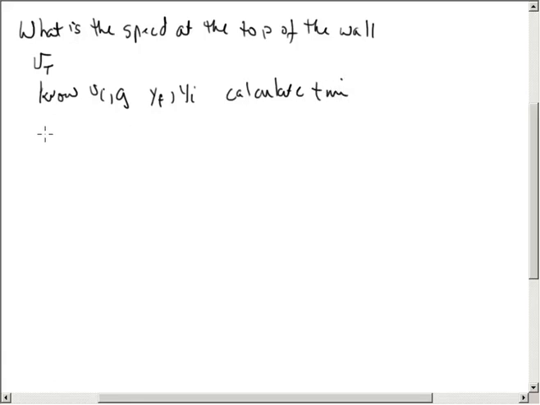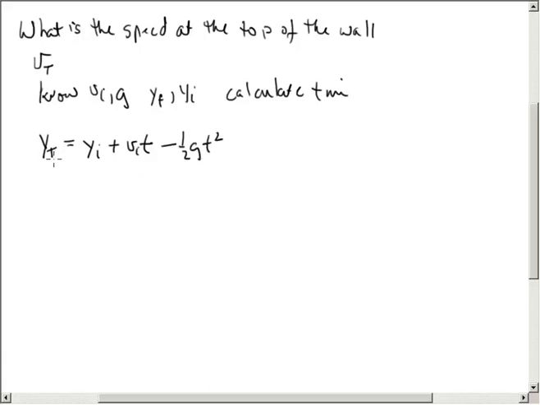Well, recall that there's the relationship Yt, this will be the final position at the top of the castle, will be equal to Yi plus Vit minus 1/2 gt squared.